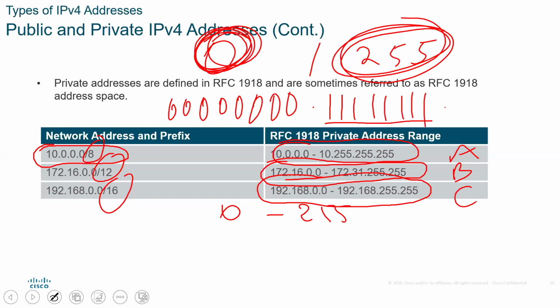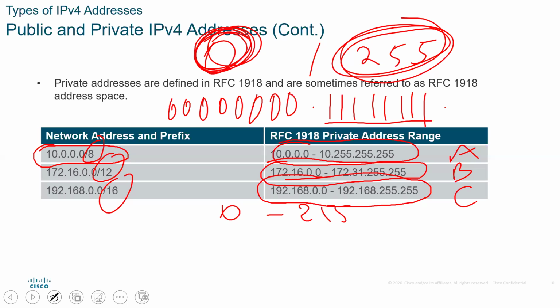What this means is that I can use the same IP address in my branch network in Jos, another branch network in Lagos, another branch network in Kaduna, another one in Maiduguri, another one in Port Harcourt, and so on and so forth, and nothing will happen. But if it was a public IP address, I cannot have all of them at the same time.